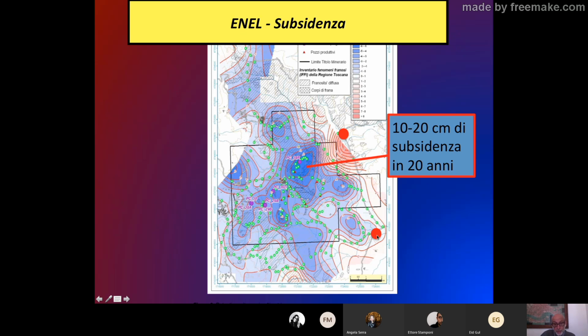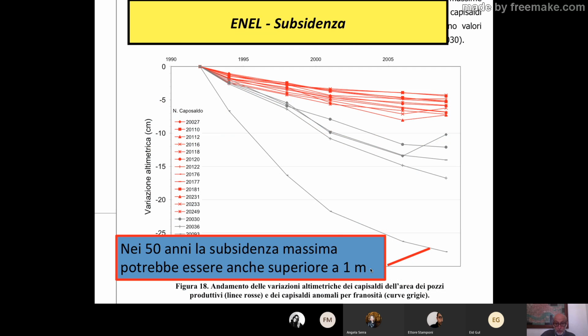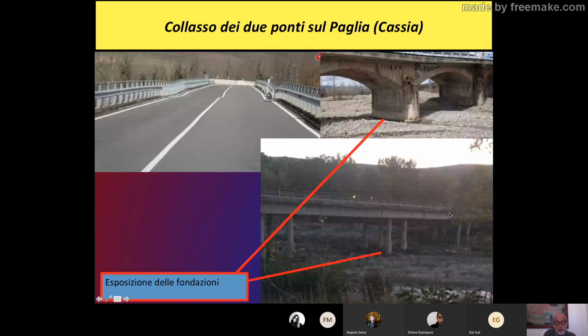This is a much older bridge that was built around the 20th century. About 10 years ago, there was a lot of erosion going on, and so the foundations of the bridges were excavated and exposed to the air. You can see that this bridge here just dropped down about 20-30 centimeters.